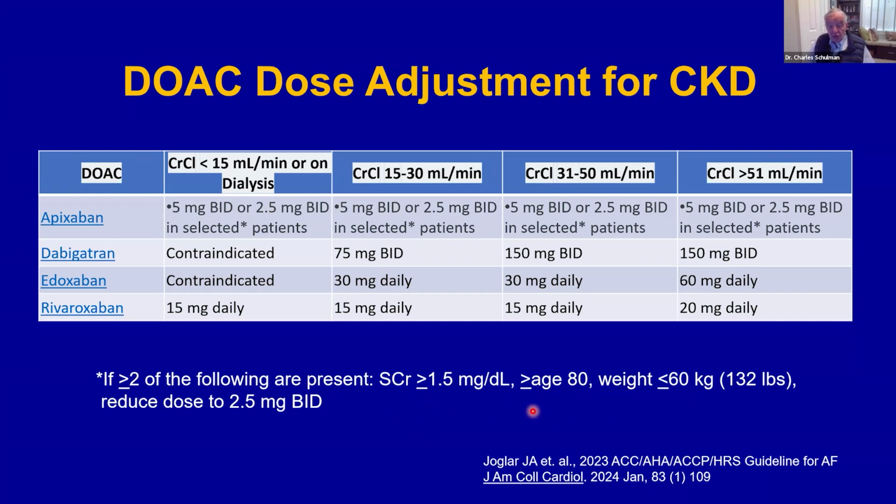So an 82-year-old with a creatinine of 2, you'd reduce the dose to 2.5 milligrams twice a day. But somebody over the age of 80, like my lady in the example that I gave you, her creatinine was about 1, as I remember it, but it was normal. And so she got full dose, 5 milligrams BID.